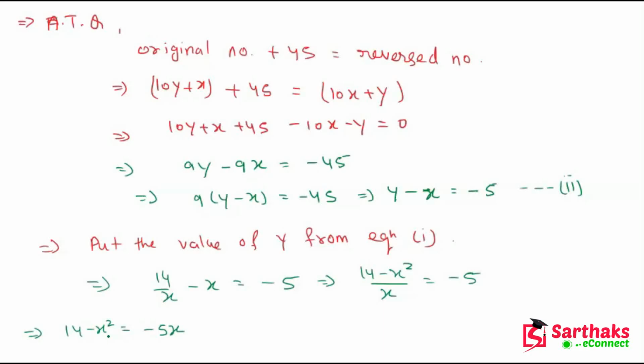Okay, understand? Now we have to shift all these terms to the other side, so all the signs will be changed, and we get x square minus 5x minus 14 equals 0.